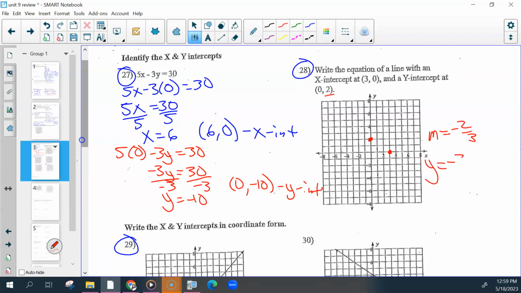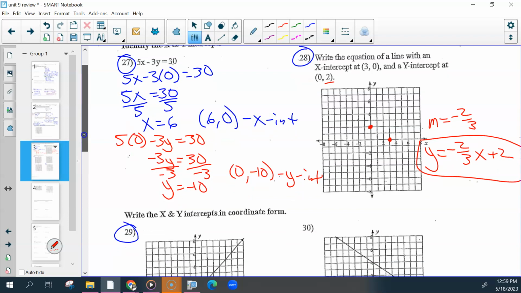Y equals negative 2 over 3x plus 2. Other questions on that one?